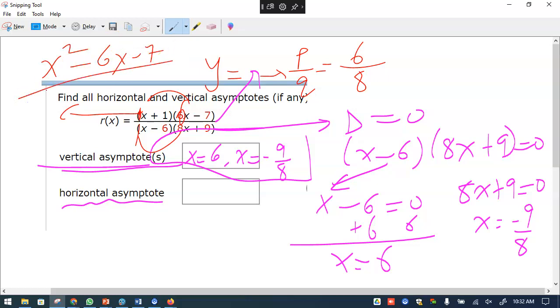And if you use the second one, you end up getting plus 3x, you can check, and 54. So can you see the degree is 2, both up and down, and that's why we use this formula and you get the answer, reduced to 3/4. So here you're going to write y equals 3/4 and you're done.